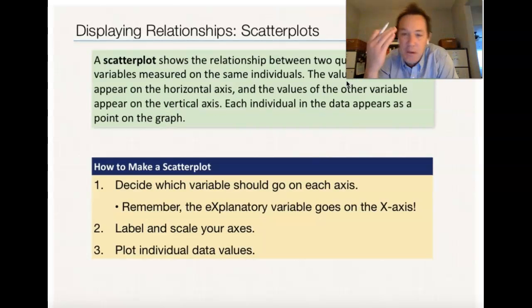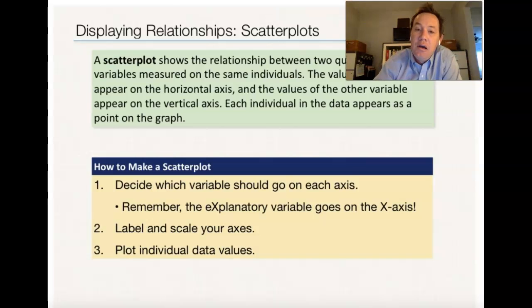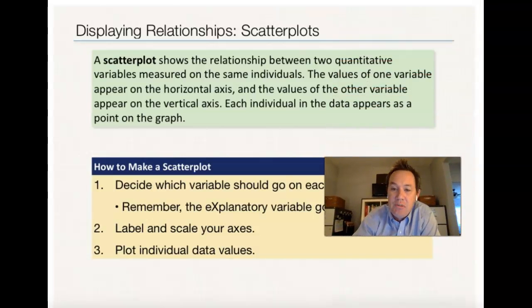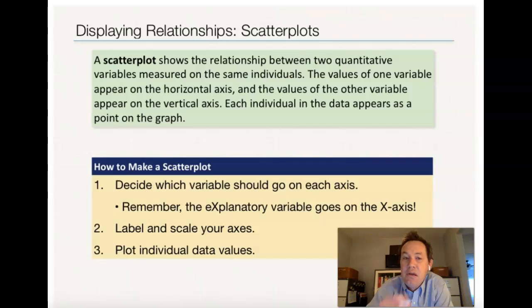So scatter plots, you've probably made these before, and it shows the relationship between two quantitative variables measured on the same individuals. So the values of one variable will appear on the horizontal axis, and the values of the other appear on the vertical axis. As I said, you generally want to put the explanatory variable on the x and the response on the y. Label and scale your axes, and then we'll plot data values.